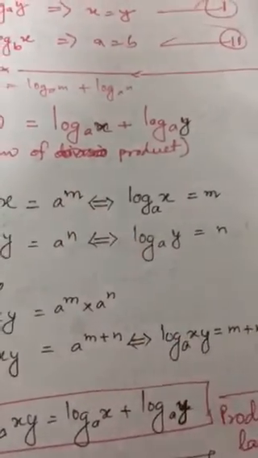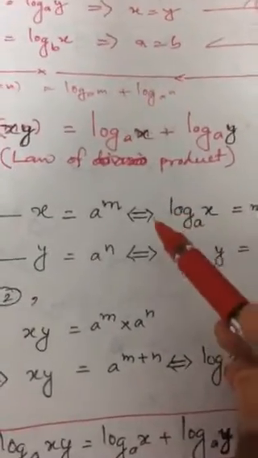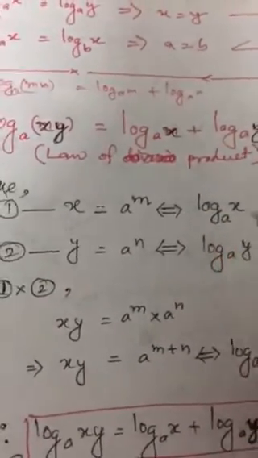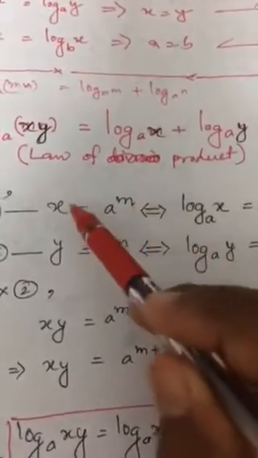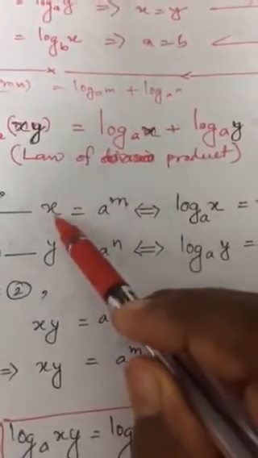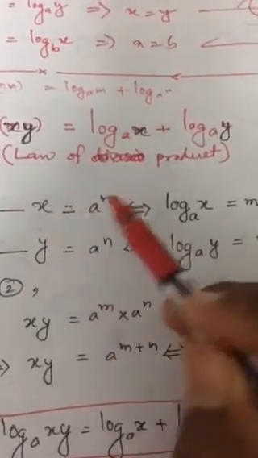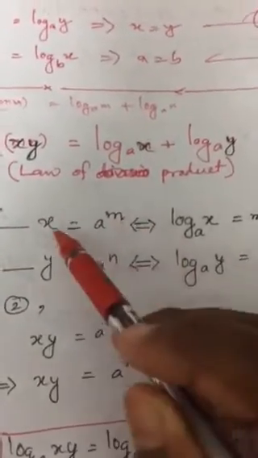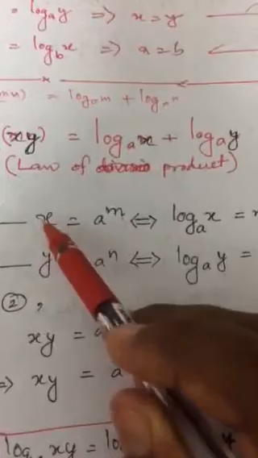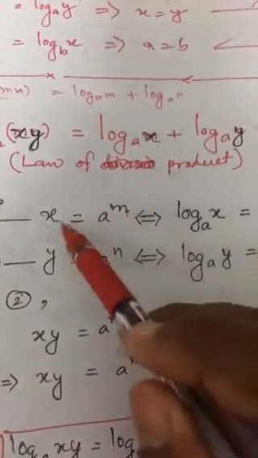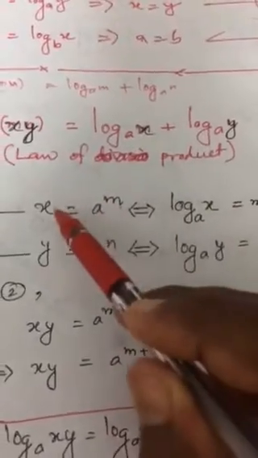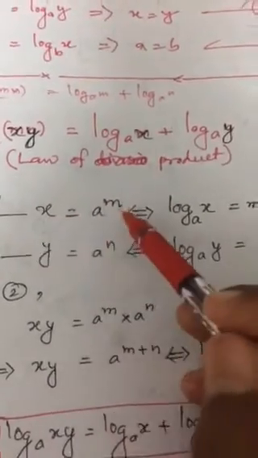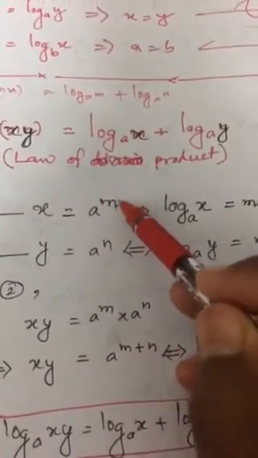We have already understood that log means the exponent. M is the log of what? M is the log of x. Exponent is the log of something. This m is the log of x for this base, it means log of x to the base a is m.